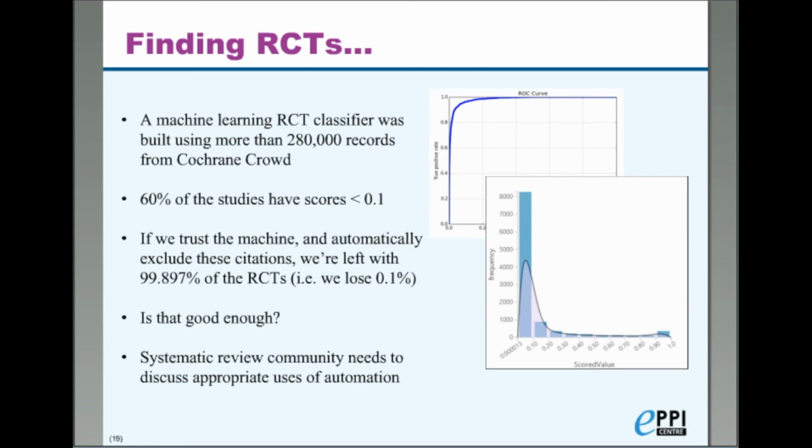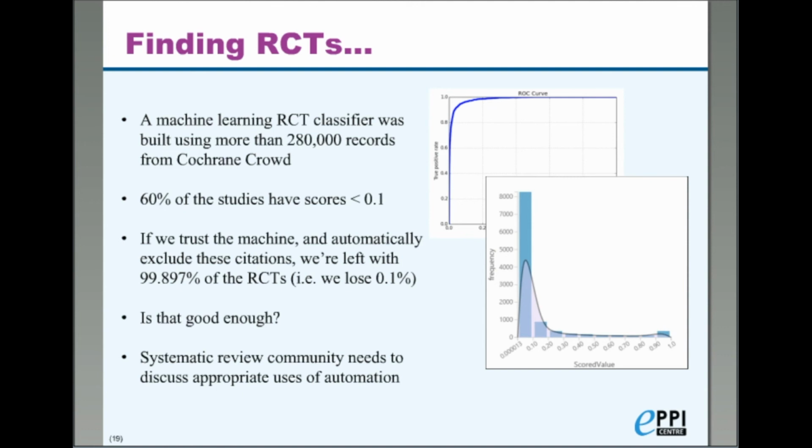Another way in which it's possible to save work in a review, using machine learning automation, is using large bespoke classifiers that do a particular job. In this case, I've built a classifier which is able to identify randomized controlled trials. This was built thanks to the Cochrane Crowd on 280,000 records, which members of the Cochrane Crowd have looked at and determined whether or not they are RCTs.